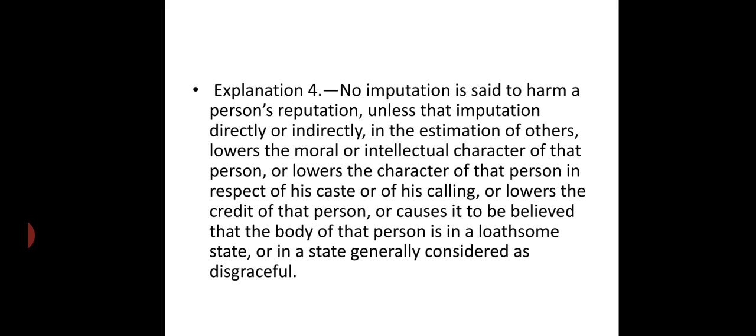For example, dictating a letter to a clerk to write is publication. Where the defamatory matter is communicated only to the person defamed, such a communication will not amount to publication.